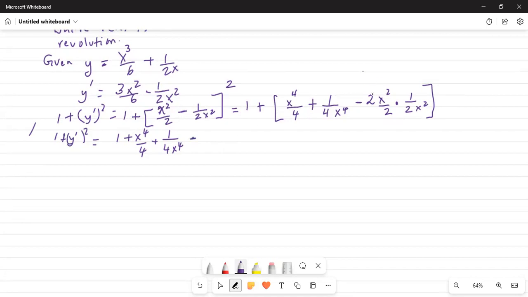The 2 cancels with this 2, this x squared will be gone, and I'm left with minus half.